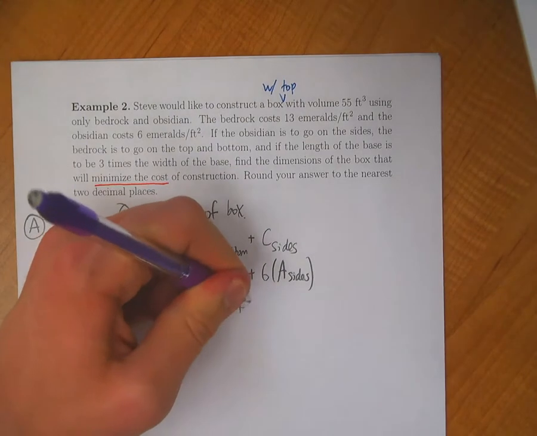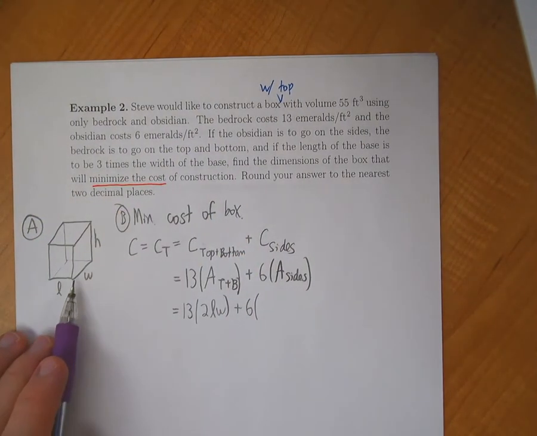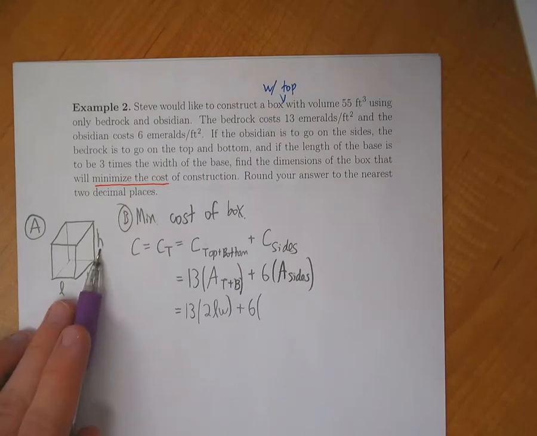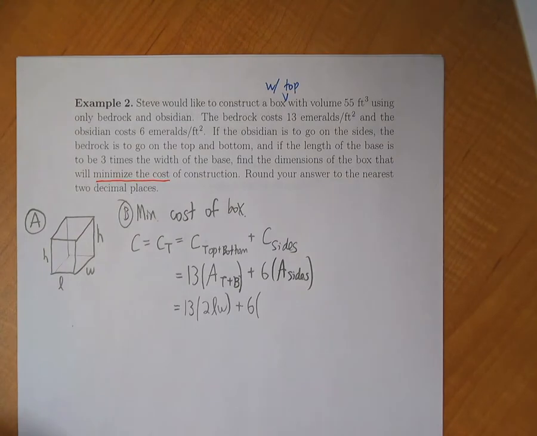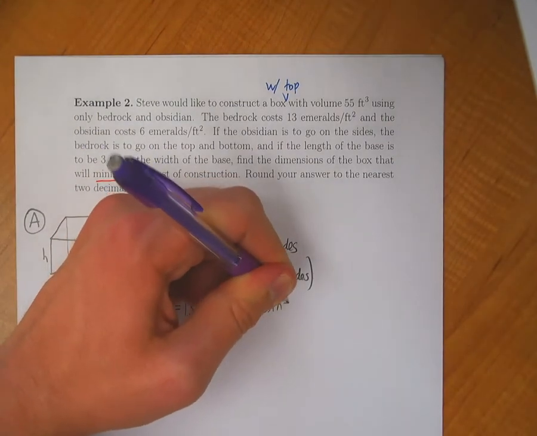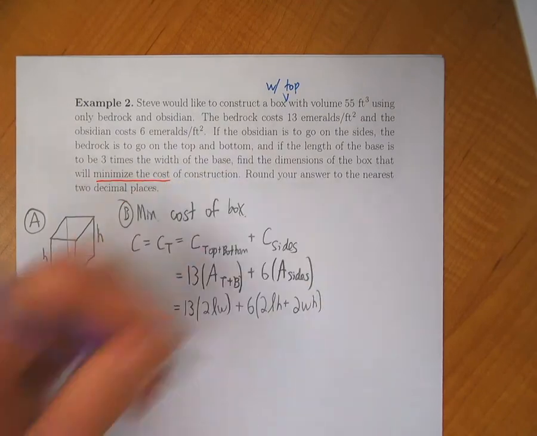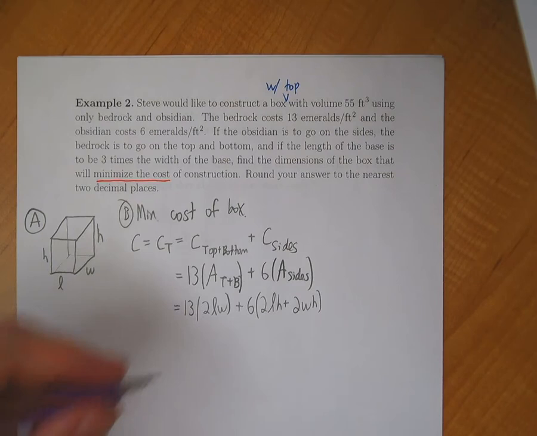Okay. And then do a similar thing with the sides. In this case, for the sides, we have 2 faces with dimensions W and H, and 2 sides with dimensions L and H. So in a similar fashion, we'll have 2LH plus 2WH as the total area of the sides. Okay.